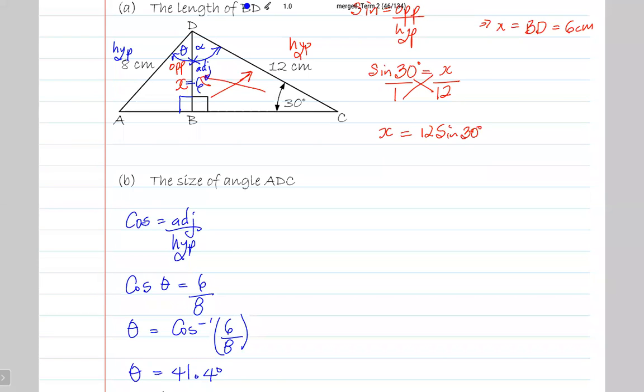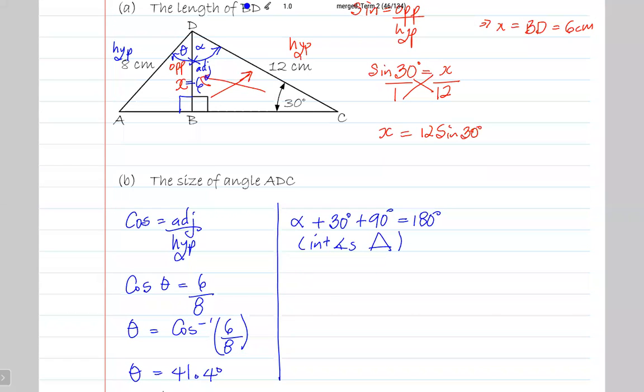All right, I'm not done because I need to find alpha. Now, to find alpha, I'm going to use the fact that the angles in a triangle must add up to 180 degrees. So in the triangle to the right, alpha plus 30 plus 90 degrees is equal to 180 degrees. They are the interior angles in a triangle.